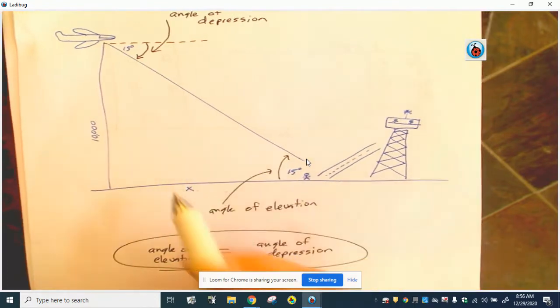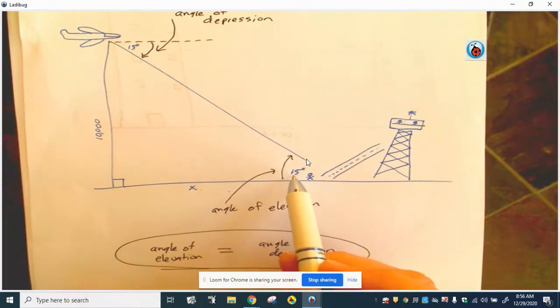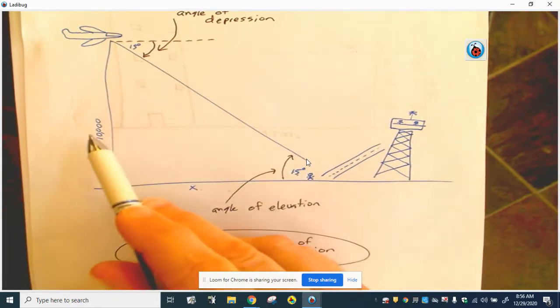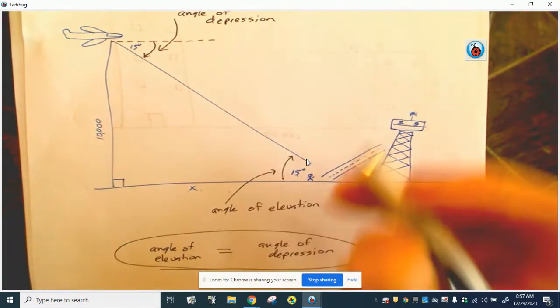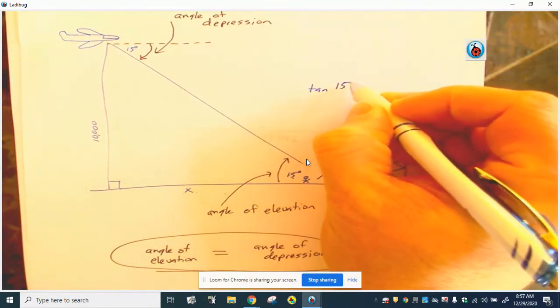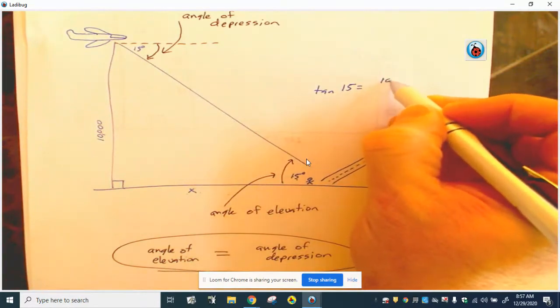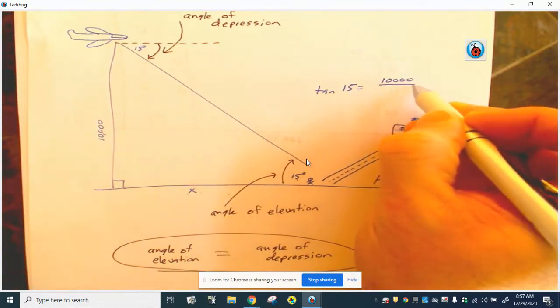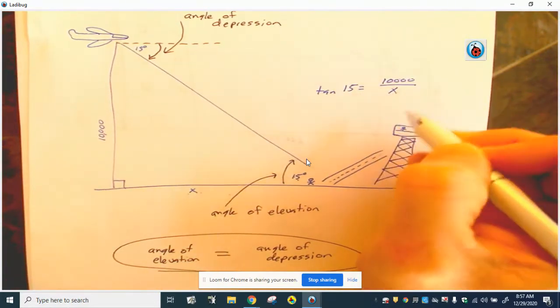And now from here, you just have a basic SOHCAHTOA equation. Which two sides are in play from the angle? That's opposite, that's adjacent. It would just be tangent of 15 degrees is equal to opposite, so 10,000 feet divided by x, opposite over adjacent.